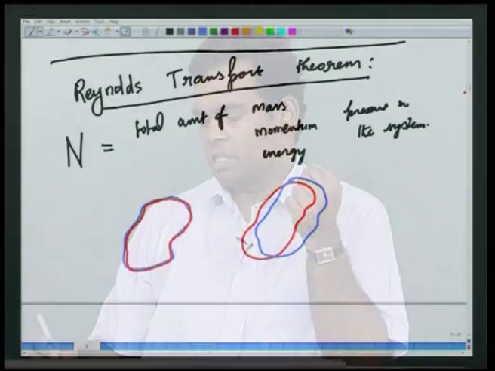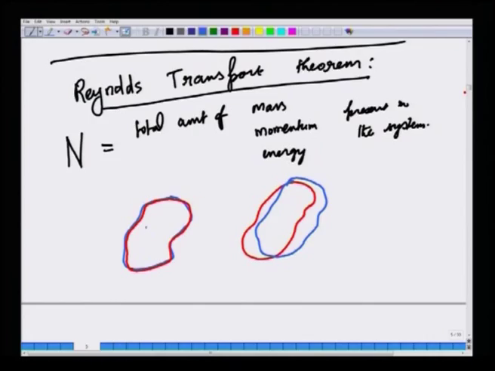So, the blue line is no longer occupying where the red line was at time t equal to t0. At a later time t0 plus delta t, the blue lines and red lines will separate because the chunk of fluid particles have moved elsewhere.